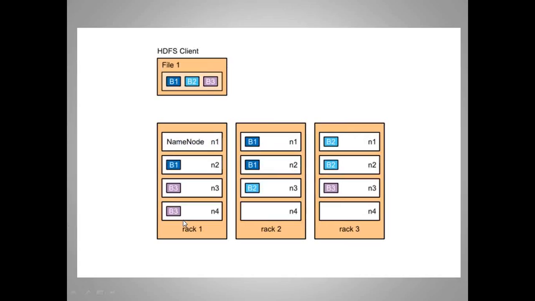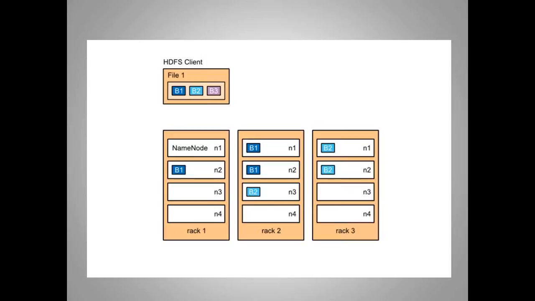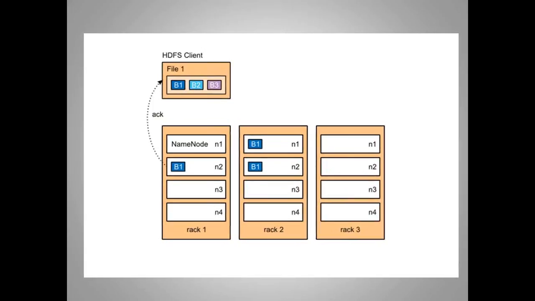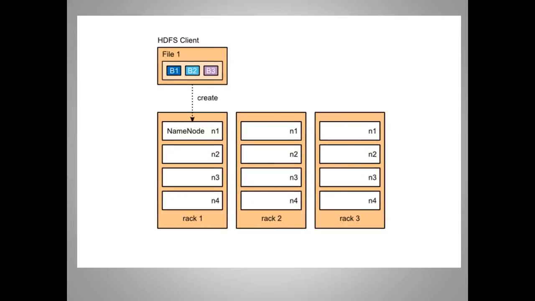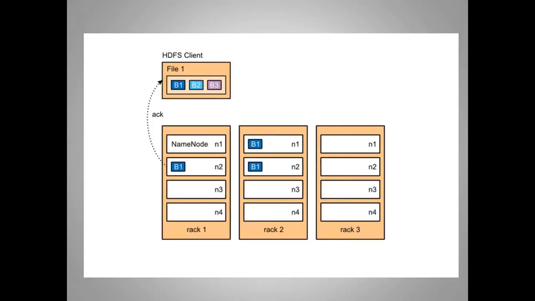Just observe. If you observe again from the beginning, you can clearly see that once an entry was created in the NameNode's metadata, the data was directly getting stored to the data nodes. And NameNode will not be involved in the data storage. So the data will not pass through the NameNode.